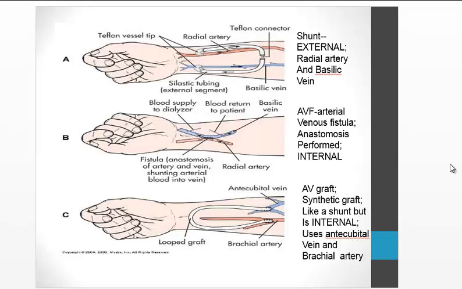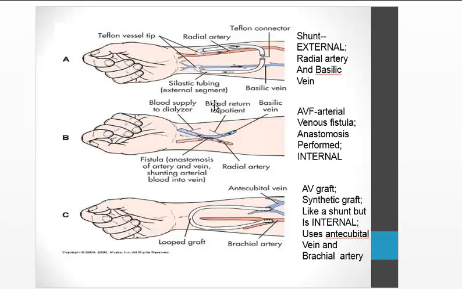It is not underneath the skin. And as you can see, this particular shunt uses the radial artery and the basilic vein, connecting them. So one side enters the arterial side, and the other side enters the vein side.